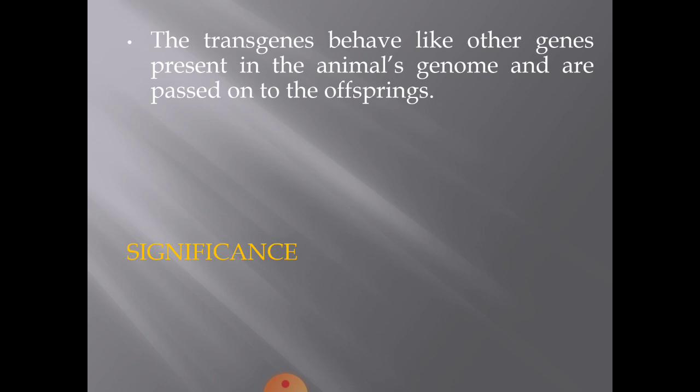Then the transgenes, once they are in the genome of the transgenic animal, behave just like any other regular genes of that animal, and during reproduction they are passed on to the offspring. That's what I meant by you are going to incorporate a stable heritable character in the transgenic animal.